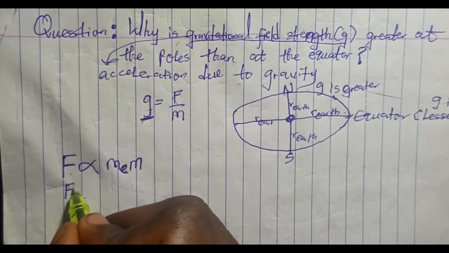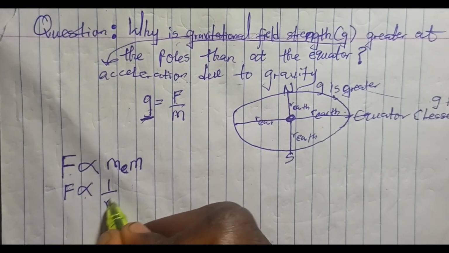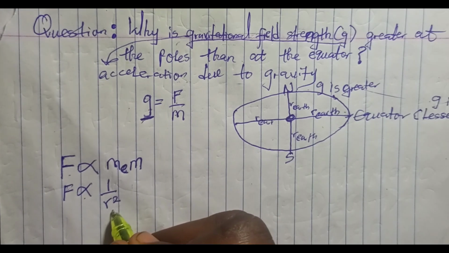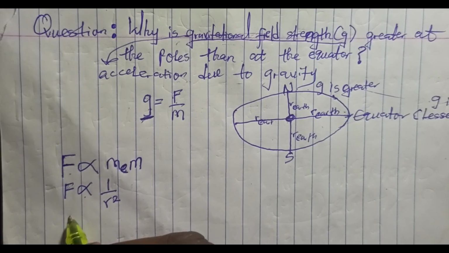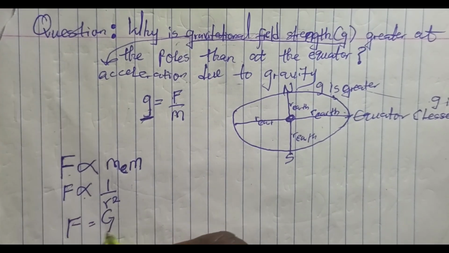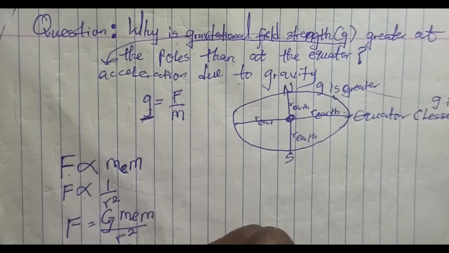This same force of attraction is inversely proportional to the square of the distance between you and the Earth. So if I relate these two, force of attraction equals G, the universal gravitational constant, times the mass of the Earth times your mass, all over the square of the distance between you and the Earth. Is that clear?